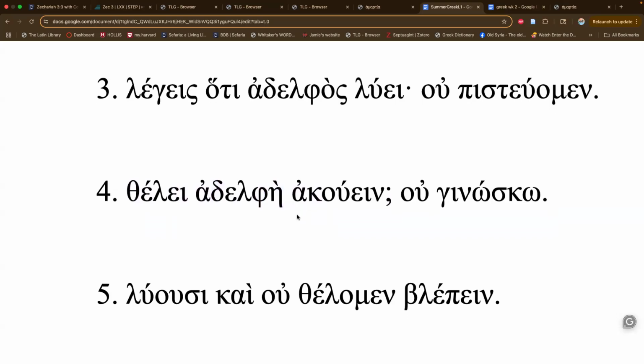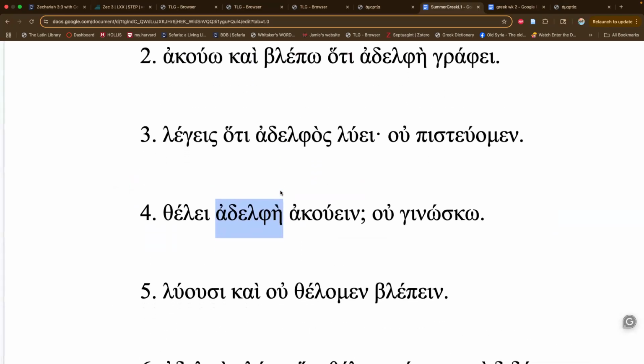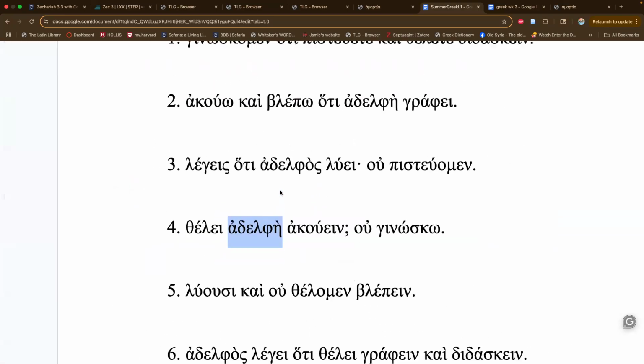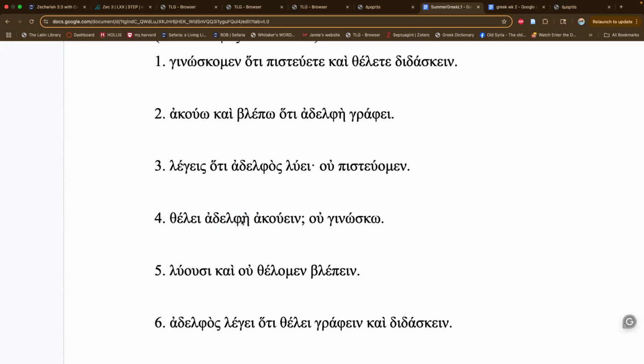Adelphi is just the word for sister, which is in the next one.